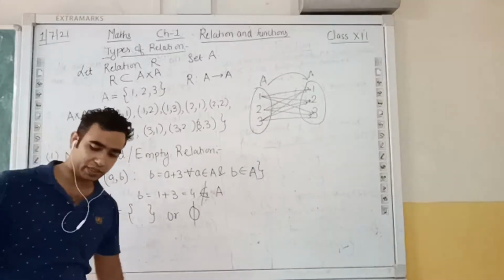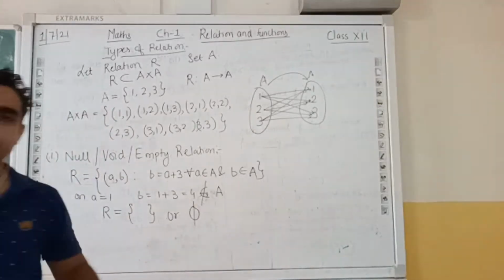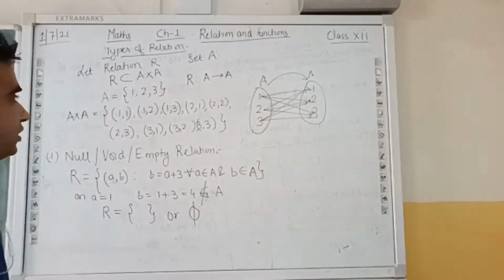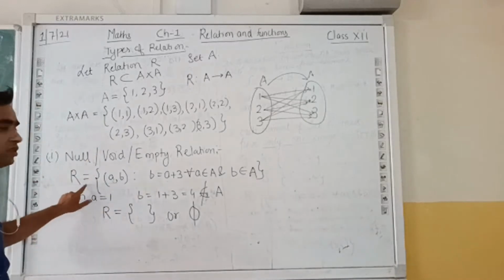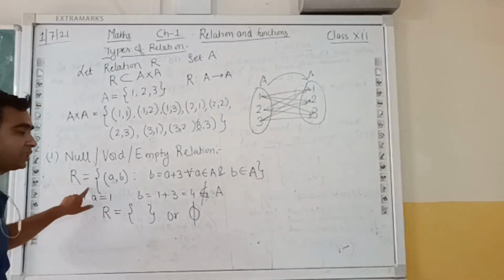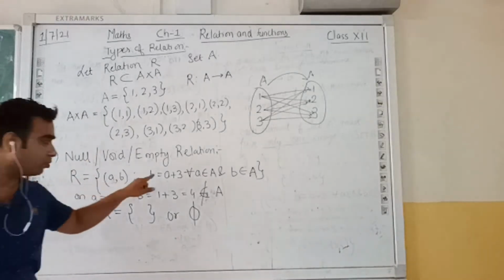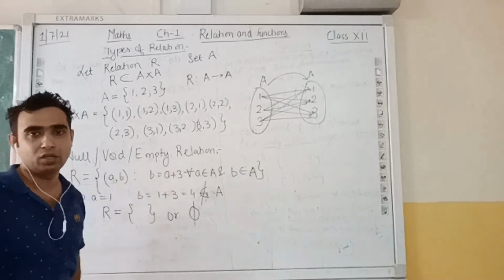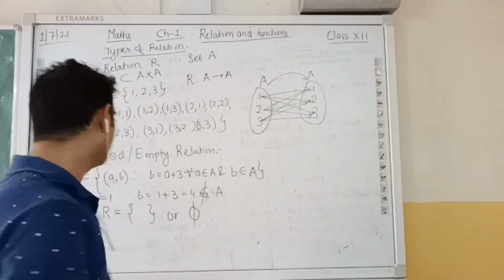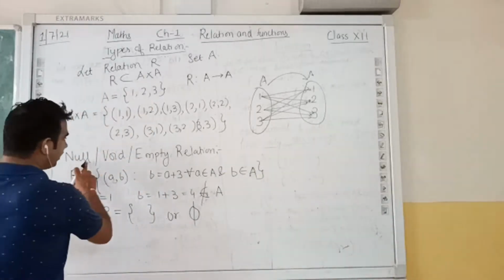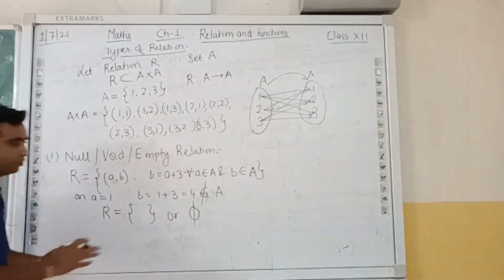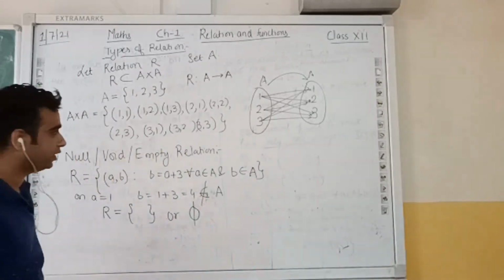That represents an empty relation, meaning there is no ordered pair, there is no relation between set A on set A in this relation. We are talking about this kind of relation where the ordered pair is (A, B) where B is equal to A plus 3. So this is our null, void or empty relation where we have no relation in the set.